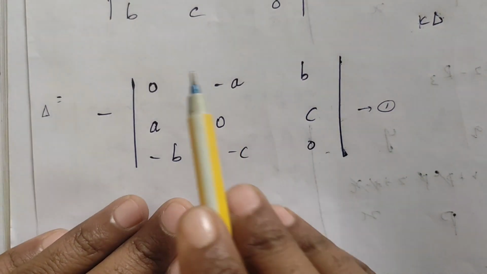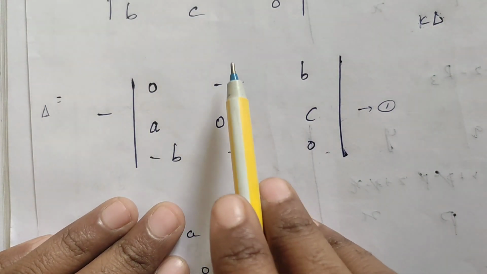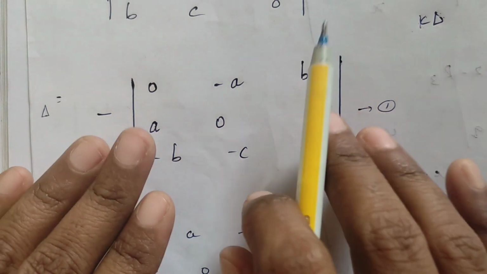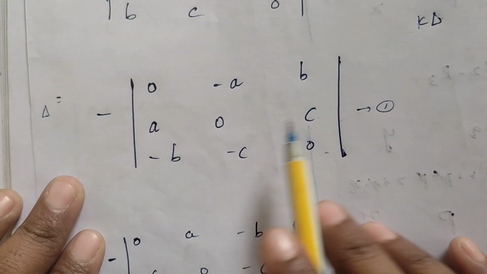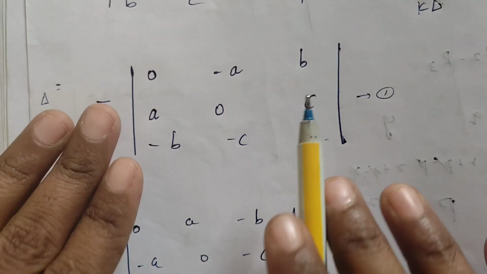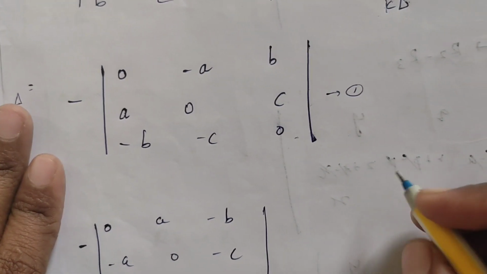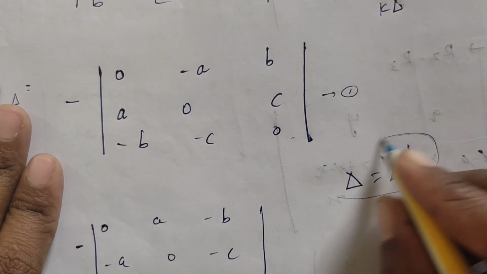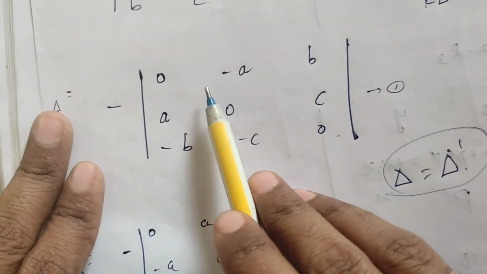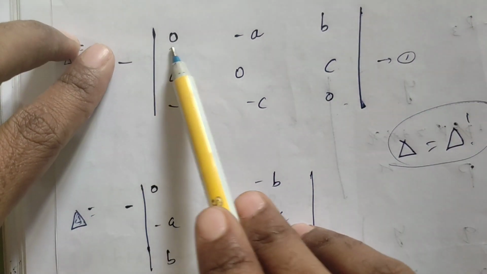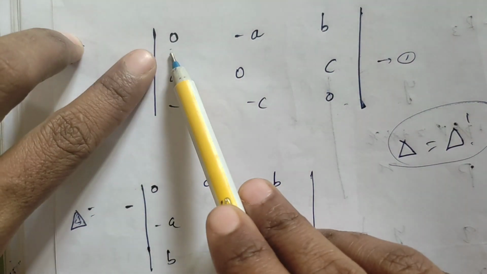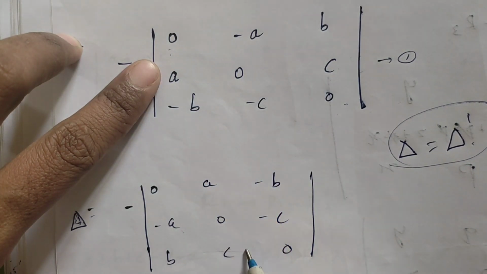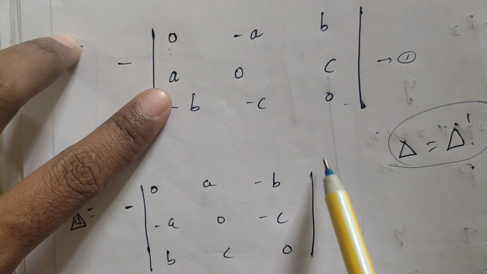Now what we are going to do is interchange the rows by columns, that is, take the transpose of this. If I take the transpose, the determinant value remains the same. We have already seen by the property that delta and delta dash, our transpose, are the same. When I do so, my determinant will be minus 0, minus A, B; A, 0, C is in the column and minus B, minus C, 0 in the next column.